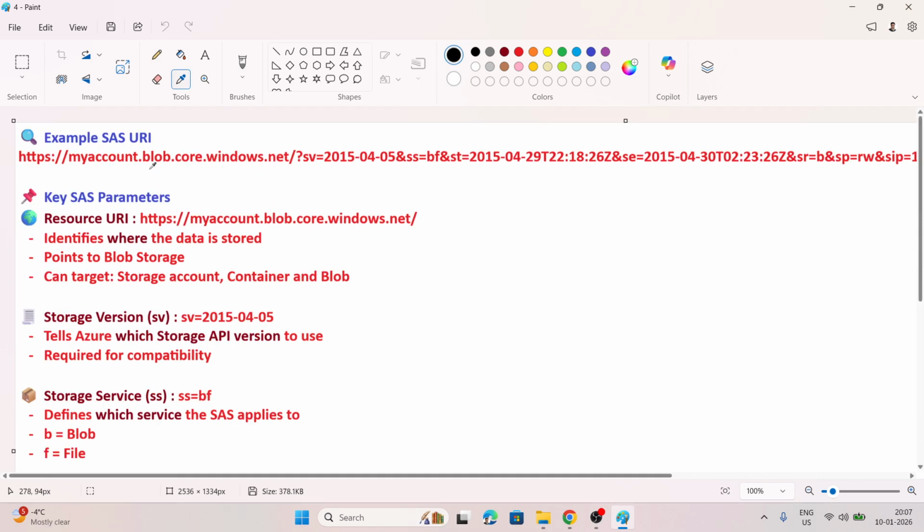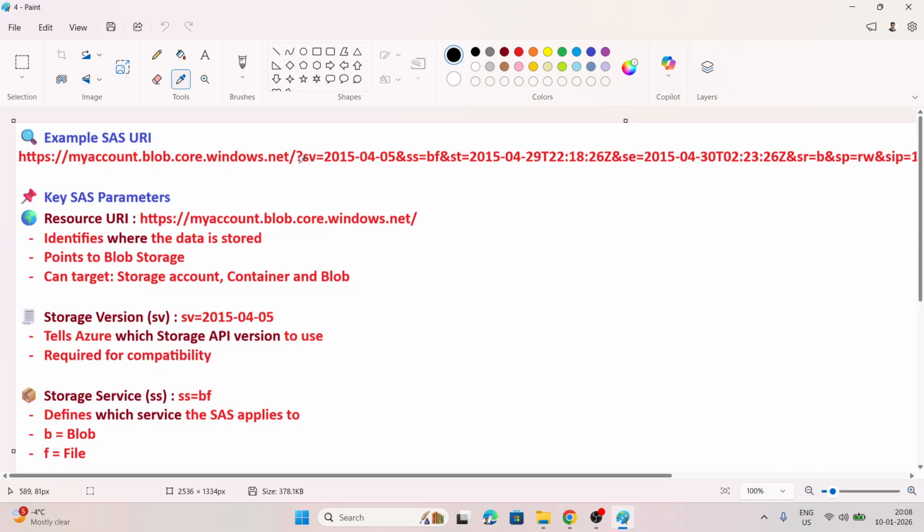So the URI looks like this: HTTPS myaccount.blob, which means this is the account name, this is the blob, from where the data will be accessed. And this is the default domain, core.windows.net, because we didn't configure our custom domain.